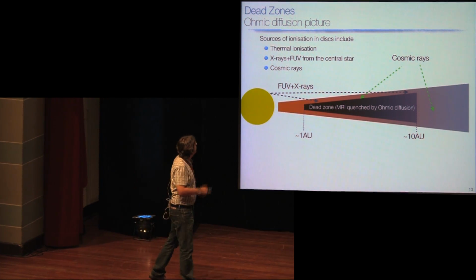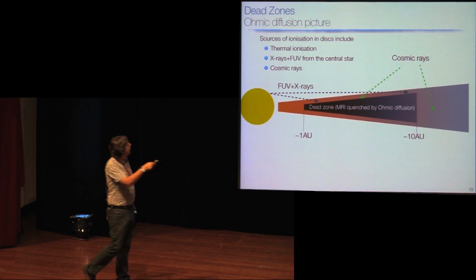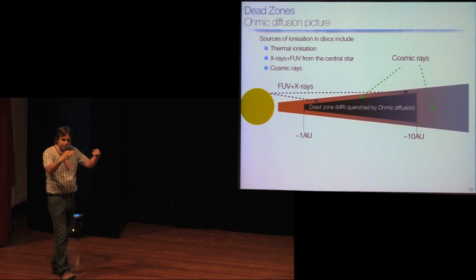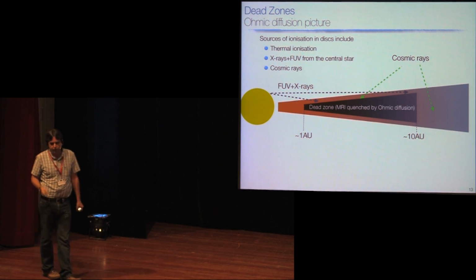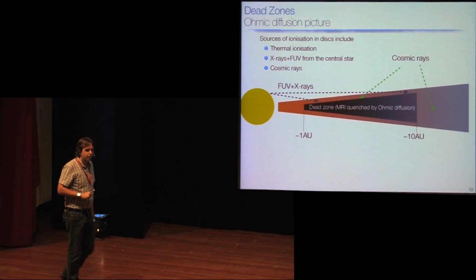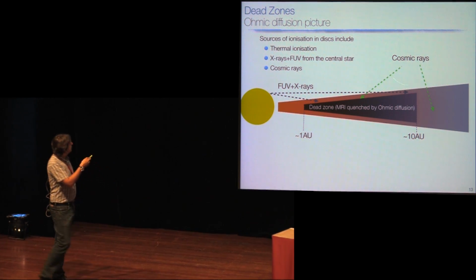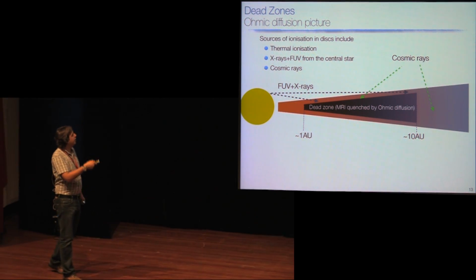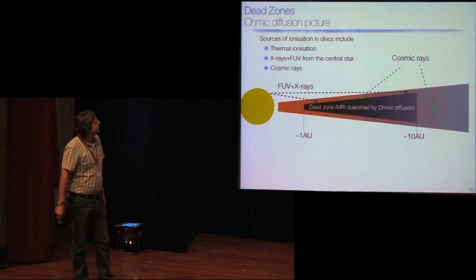Then you have X-rays and far UV coming from the central star, and these are able to ionize only the surface layer of the disk. And finally, you have cosmic rays, provided that they manage to penetrate the wind and the magnetic field structure around the star. And these cosmic rays are able to ionize the outer parts of the disk, typically above 10 AU.